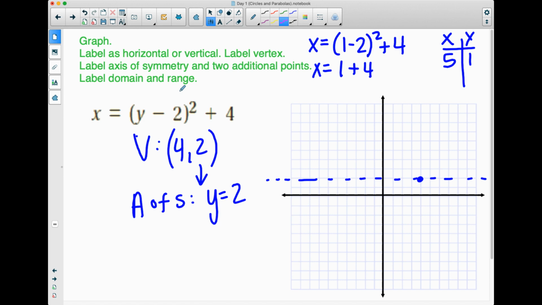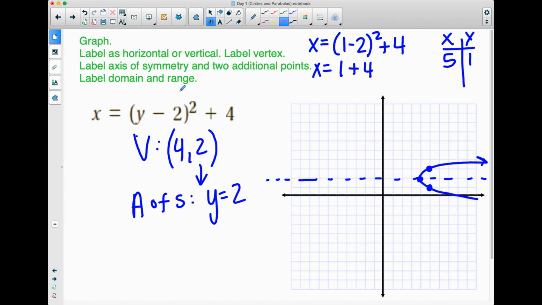But we're so used to the input value being the x and the output value being the y that we would accidentally probably put 1, 5. And if we put 1, 5, then we would be up here and we would draw definitely a different parabola. Okay, so 5, 1. Hop across the axis of symmetry.